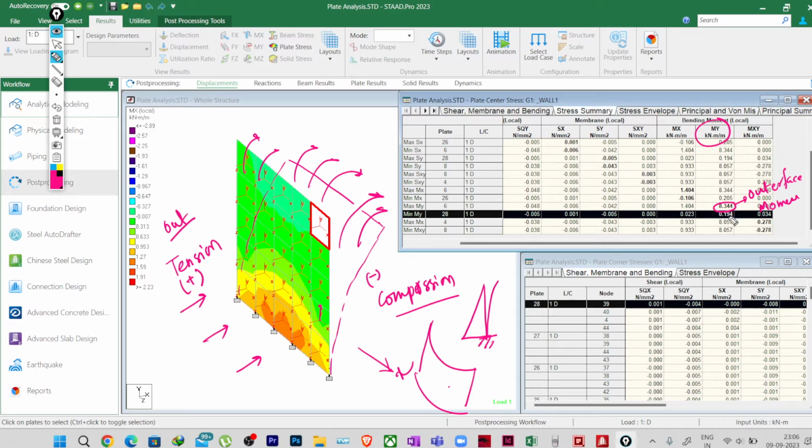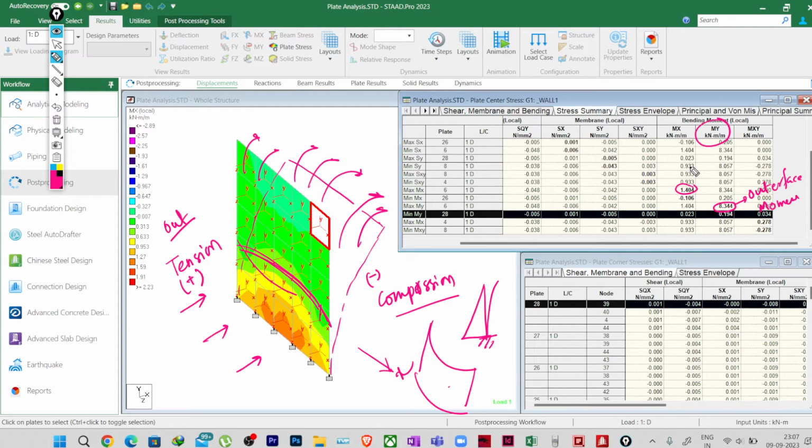You can see here, obviously by seeing the value also you can understand that this is my major bending. Okay, in Mx, when the wall is bending like this, it should bend like this only. So here positive value we are getting, 1.404.